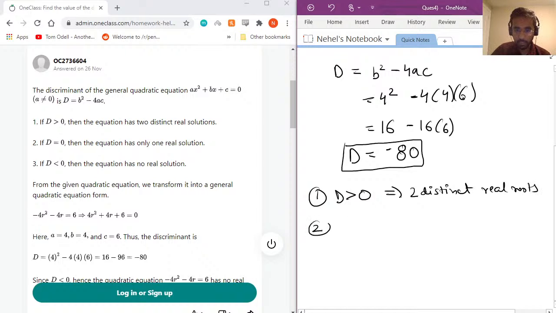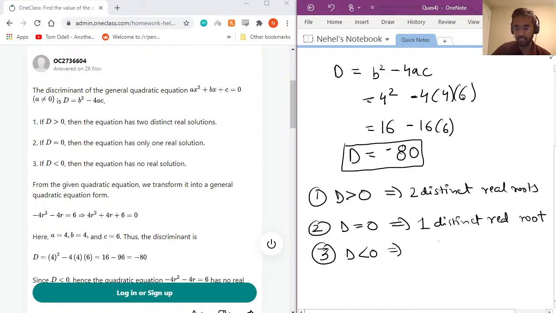Second, if D is equal to 0, the quadratic equation has just 1 distinct real root. And lastly, if the discriminant is less than 0, there are no real roots.